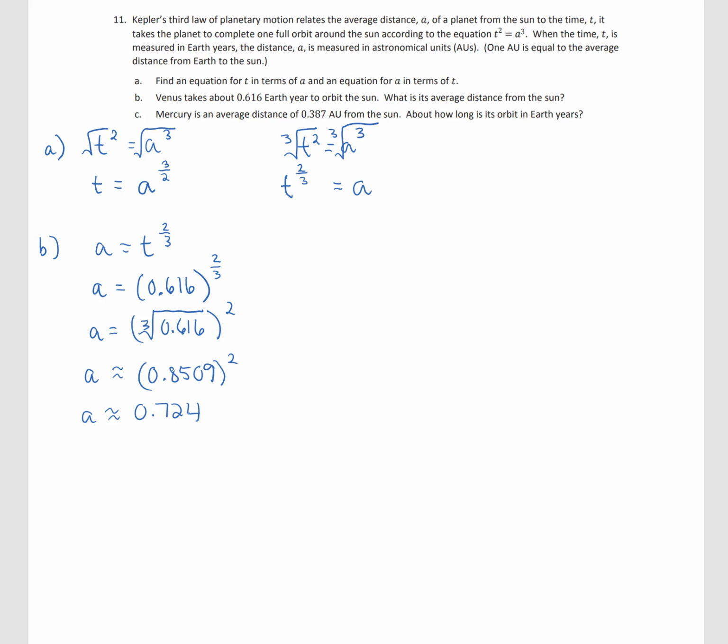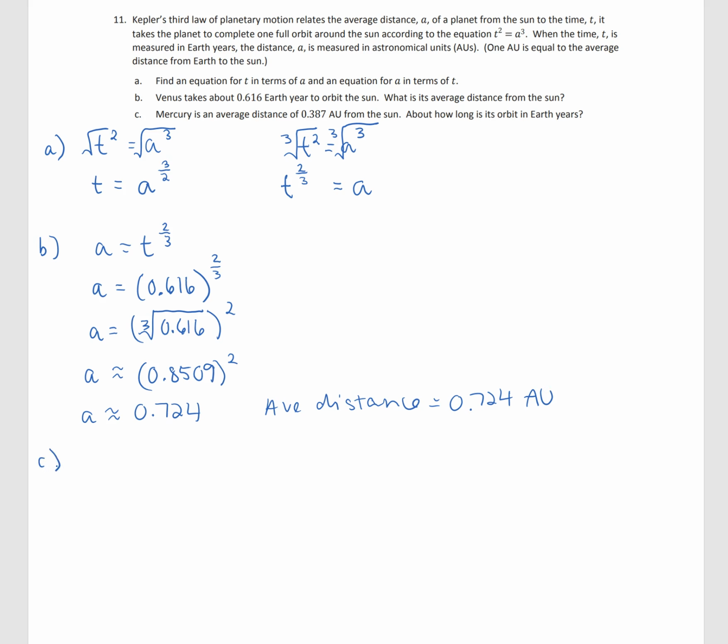And our units for that, a is in astronomical units. So we can say that the average distance from Venus to the Sun is 0.724 AU, or astronomical units. Okay, so that's the answer to part B.